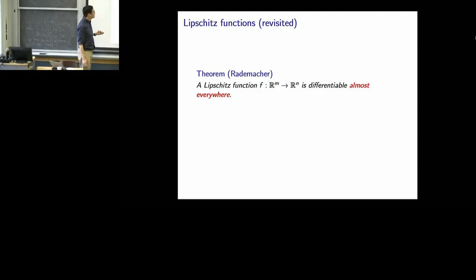I said on the first slide that a Lipschitz function f from R m to R n is differentiable almost everywhere. It's differentiable off of a measure 0 set. But that's measure zero in the measure on the domain. That's a set that has m volume 0.